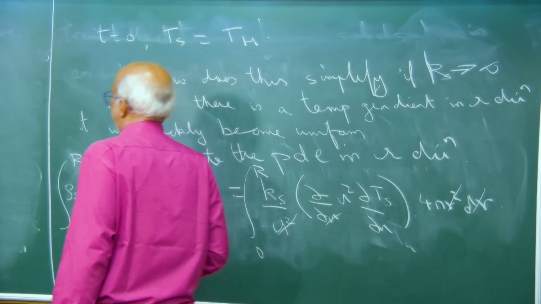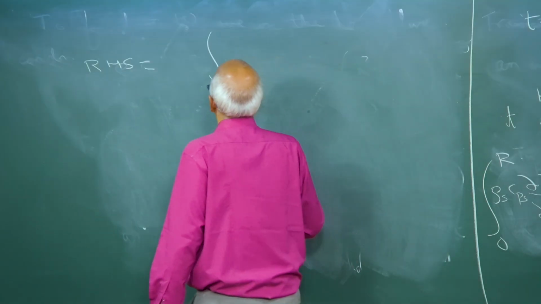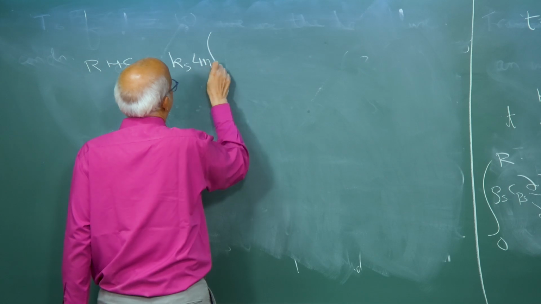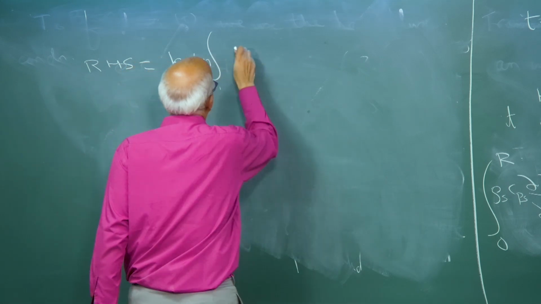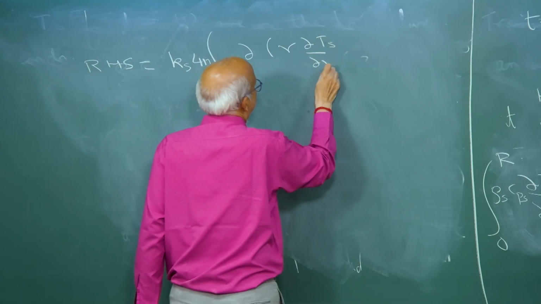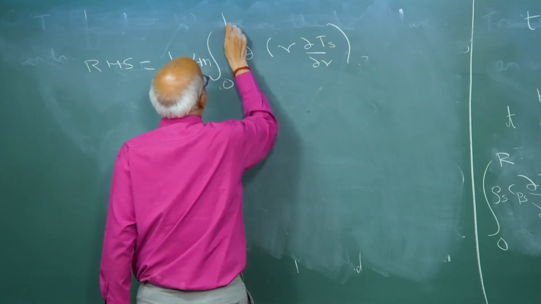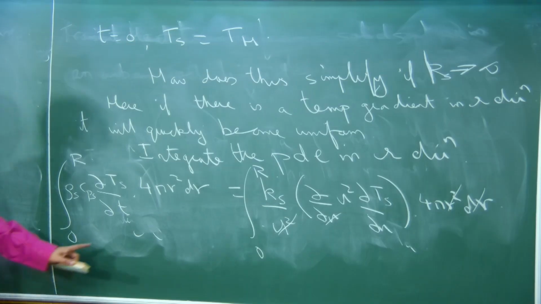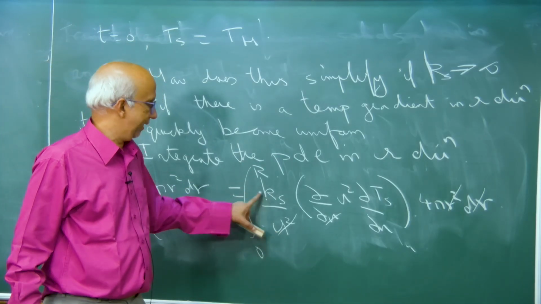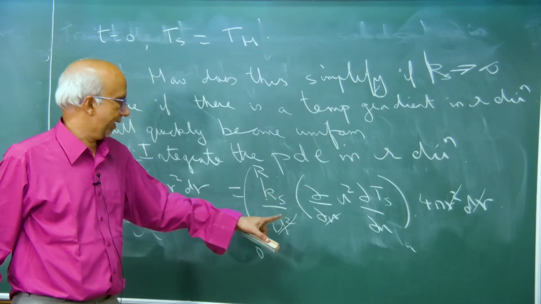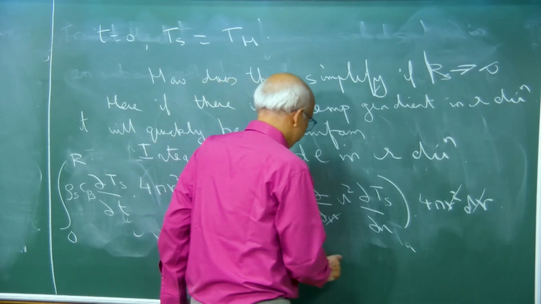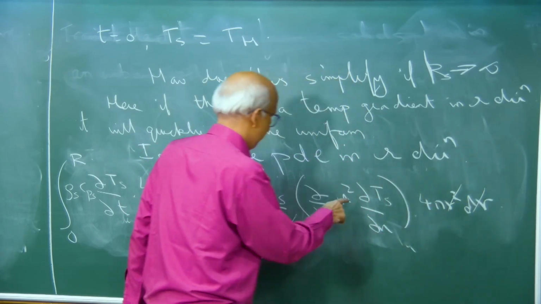So, I get Ks times 4 pi, d of r squared dTs by dr, from 0 to capital R. Ks comes out, 4 pi comes out, and the r squared and that r squared cancel off, and I have just d of that.